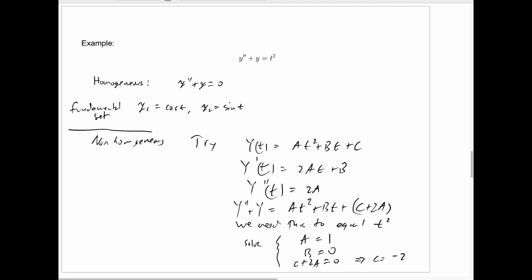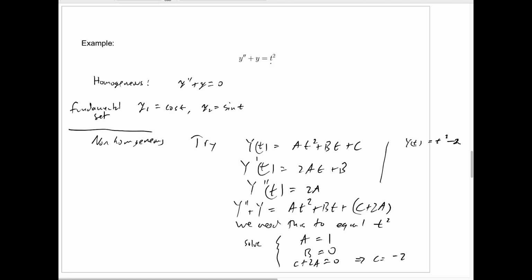In other words, y of t has to be 1 times t squared plus 0 times t minus 2. And remember, you should always be checking these. So once you've done all this, check real simply that t squared minus 2 is a solution to y double prime plus y equals t squared. You can probably check that in your head, and you'll see that that works.